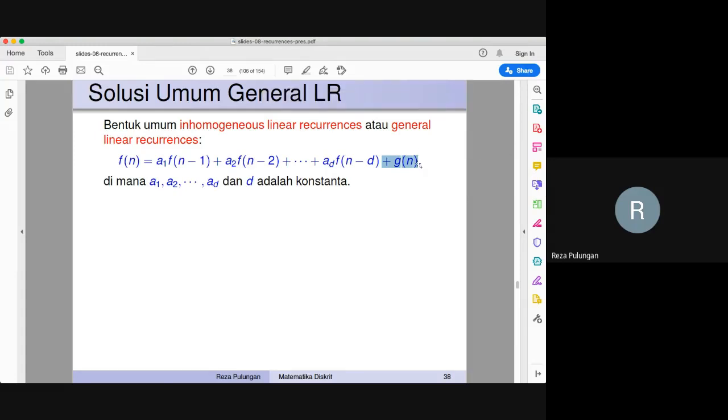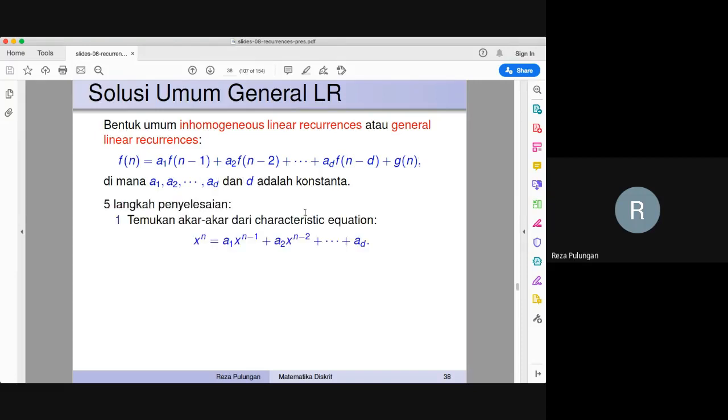This cannot be another F, but must be another function. Now, if there is an addition here, another function, then this is called an inhomogeneous linear recurrence, because it is no longer homogeneous. You see? So A1, A2, and so on until AD, and D are all constants.